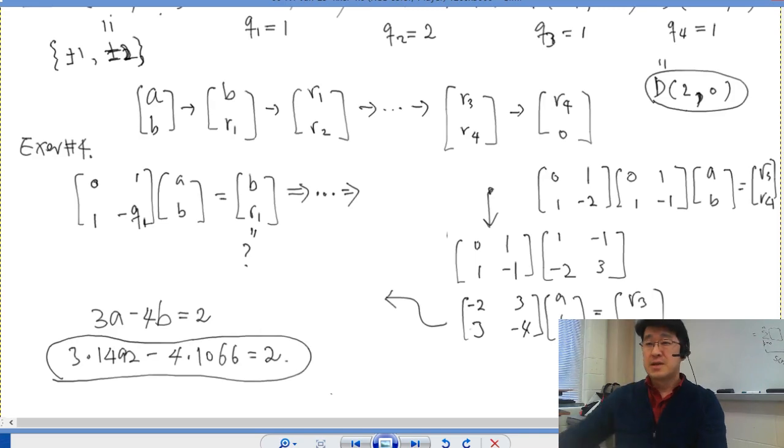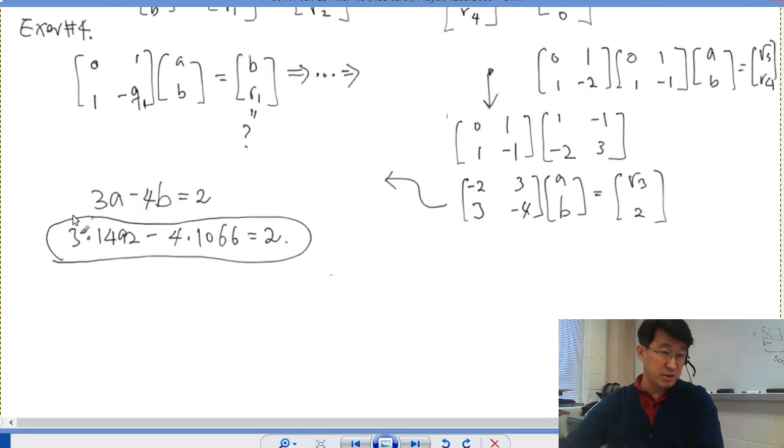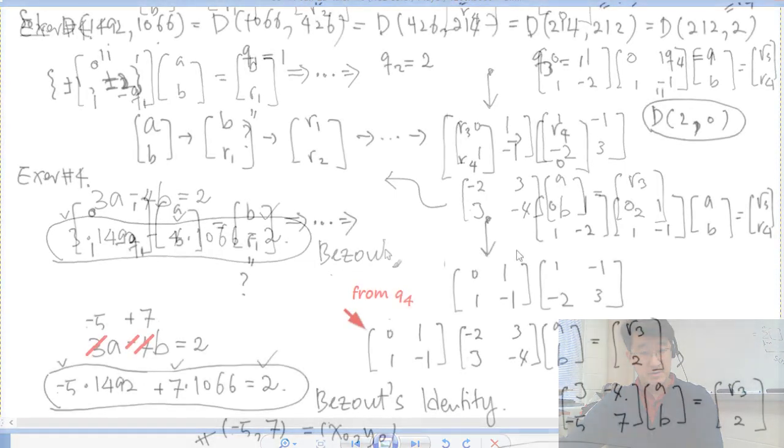Figuring out these numbers, 3 and 4, that reach the common divisor seems not easy. Only this algorithm allows you to do that. Okay? And we're going to use that one. And it has a name. It's called the Bezout identity.